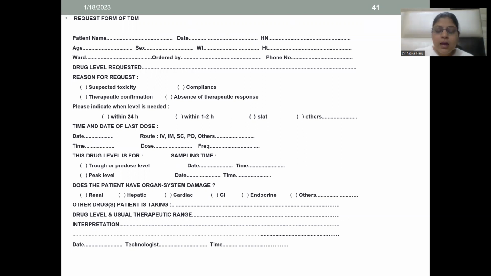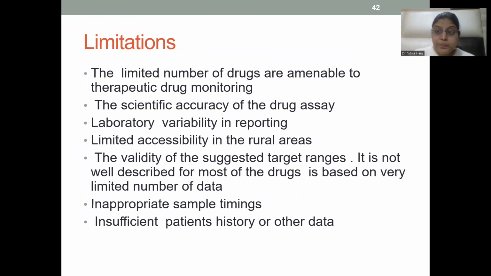When was the last dose given, time and date, and whether this drug level is specified at trough or pre-dose level or peak level, and whether the patient is suffering from any cardiac, hepatic, or renal disease, and other drug level and usual subtherapeutic range and interpretation. Other drugs, if the patient is taking, should also be specified.